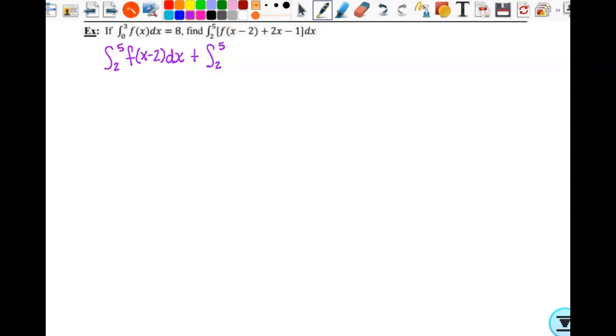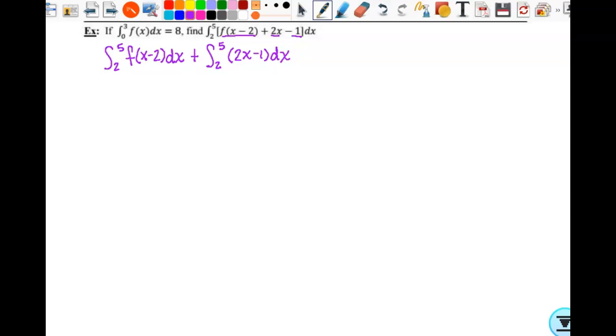Now, I have a couple of options here. I can split this up into 3 things, or I can leave this as 1. So I think I'm just going to leave that as 1, like so. Everybody good with all that so far?